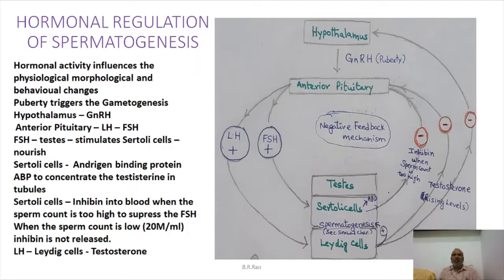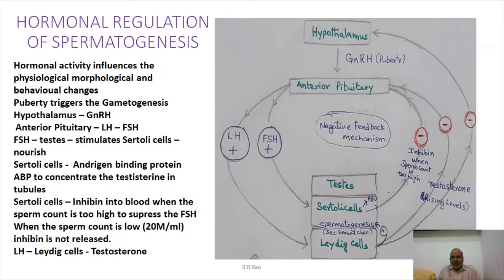Otherwise, under normal conditions, the adrenal gland also liberates some sex corticoids, but they are not aggregated at a particular place. But here, the androgen binding protein secreted by the Sertoli cell makes the entire androgen secreted by the Leydig cells get concentrated at a particular place in order to stimulate the spermatogenesis process.